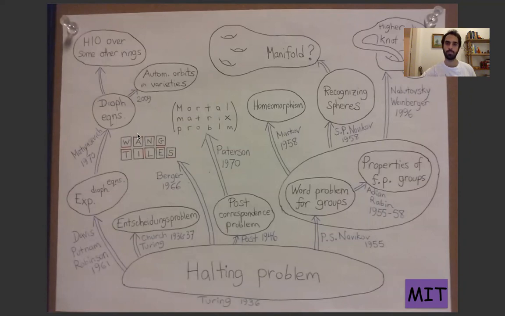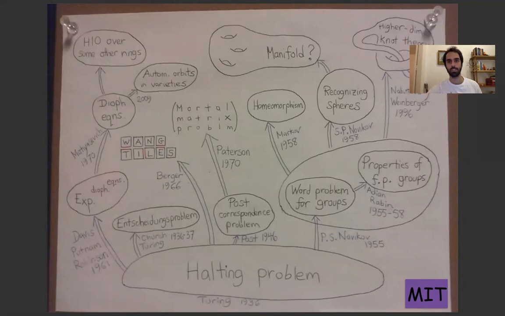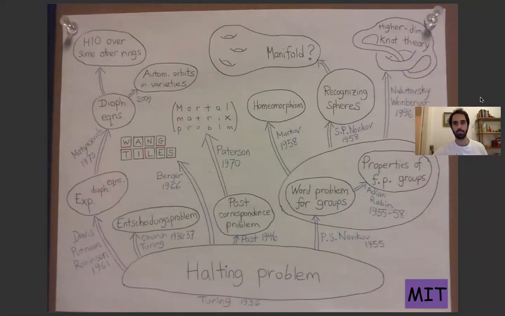It's a very famous one of Hilbert's problems. So I'm going to let you go and look for it. Let me just take my face out of here so that you can look at higher dimensional knot theory. There are references to the various authors that contributed to showing that these problems are related to the halting problem.